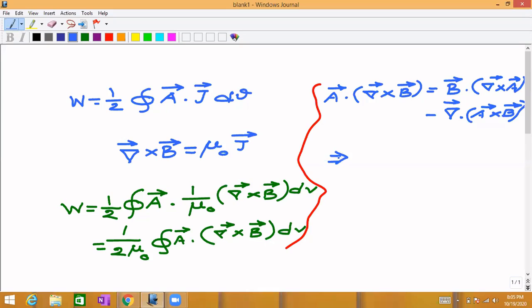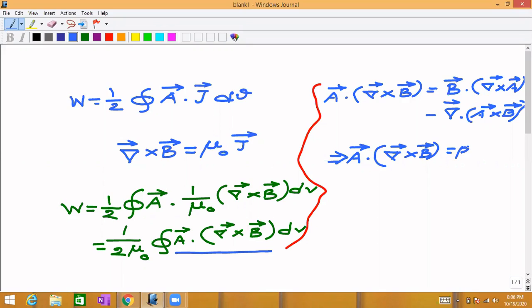Now here we have A vector dot curl of B in the integration, so in its place we can write A vector dot curl of B equal to, you see, it is B vector and curl of A is also B vector. So B vector dot B vector means what?